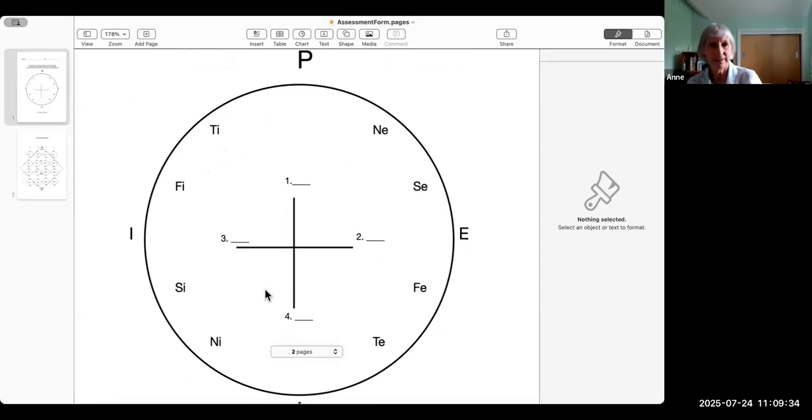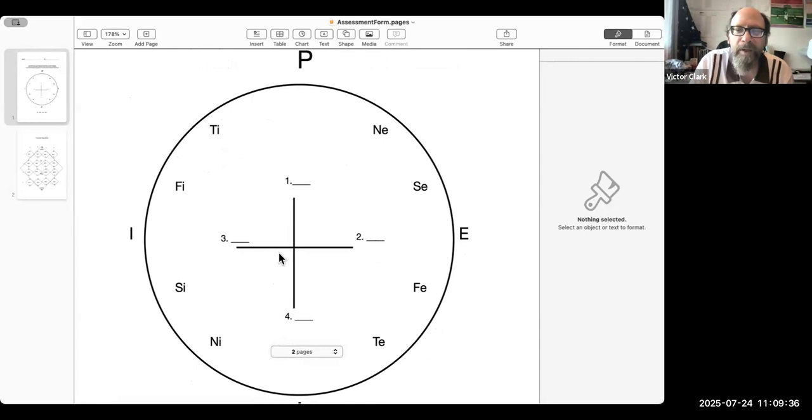Carl, this should really resonate with you. We were talking before we started about how Carl's Myers-Briggs type has changed over time. I won't get into the technical details yet.